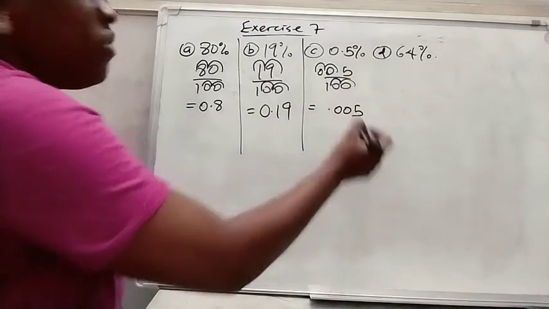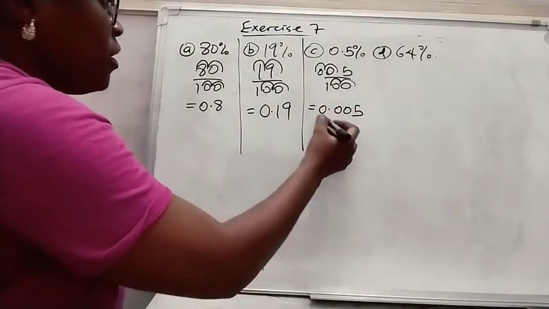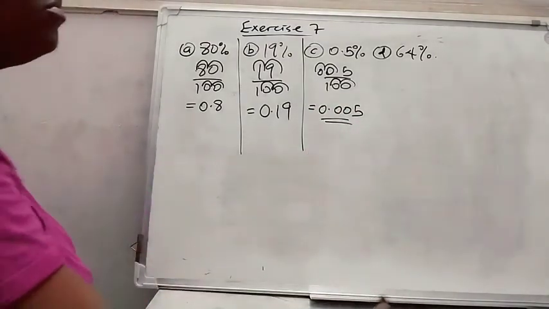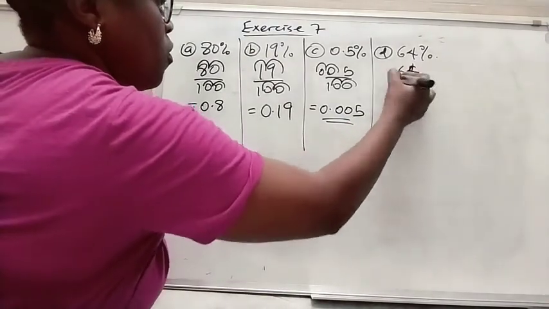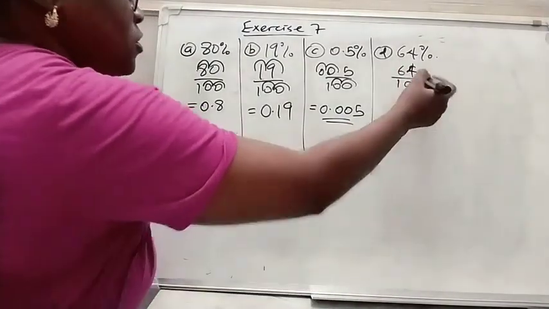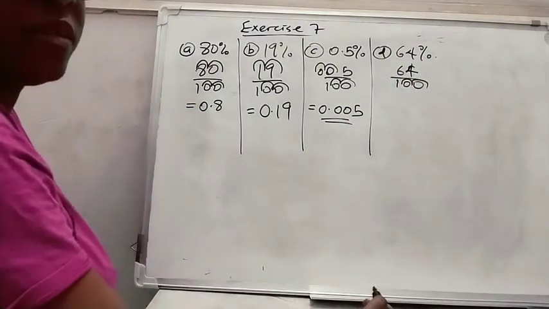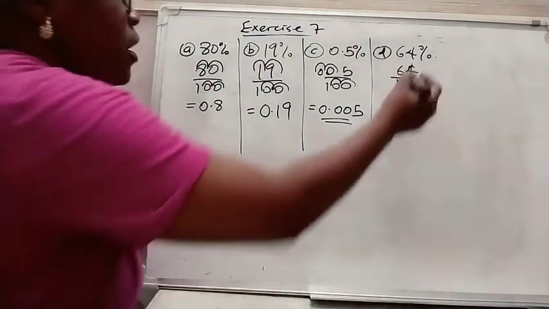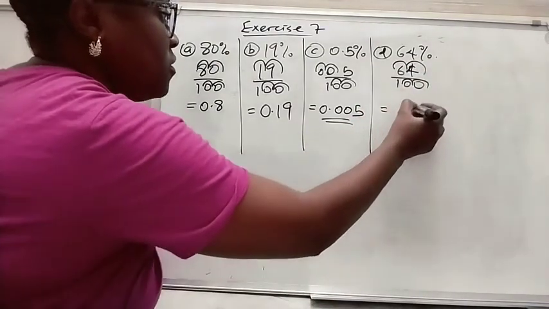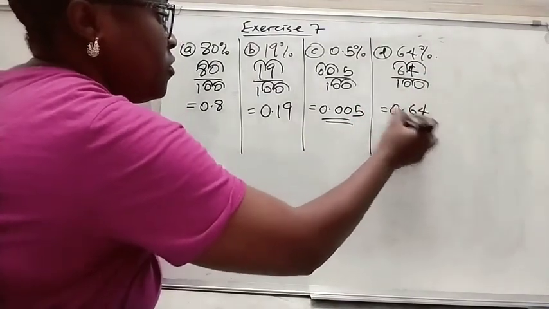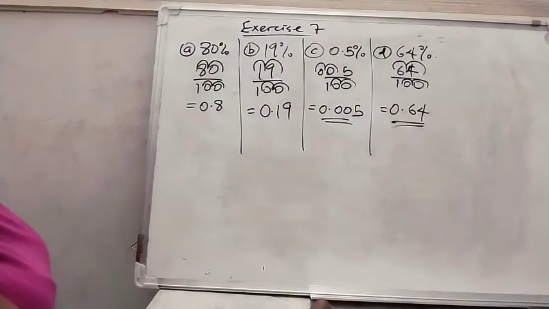Then we'll put a 0 here to make it look complete. Then we have 64 over 100. So we'll move these 2 decimal places, giving us 1 in the denominator, and we must do the same thing in the numerator, giving us 0.64. I'll put 0 in front, and then we get this.